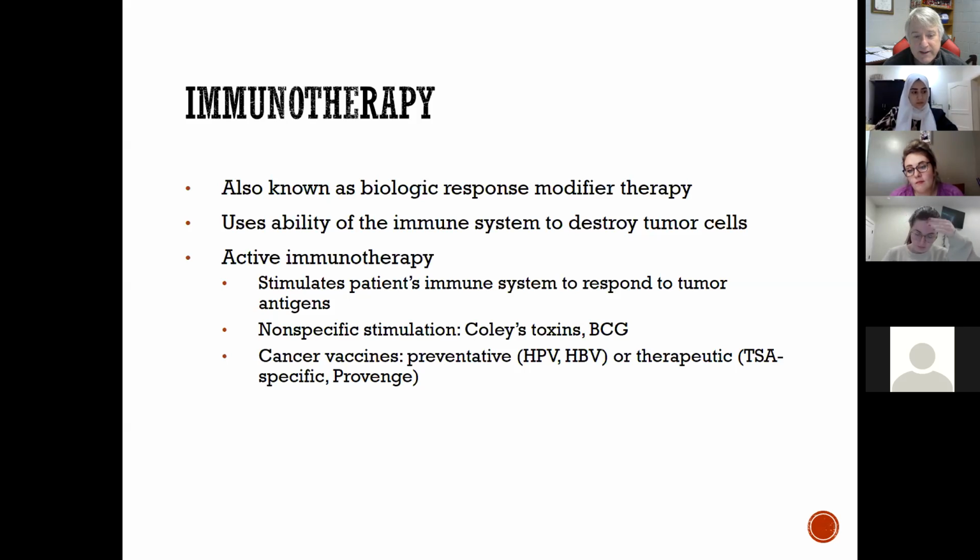The cancer vaccine is kind of what we've seen with HPV, the human papillomavirus, and the hepatitis B vaccine, where we give the body a vaccine of a virus, right?